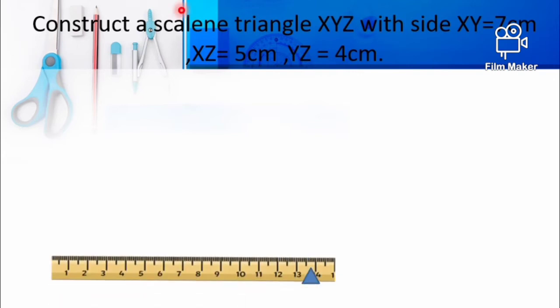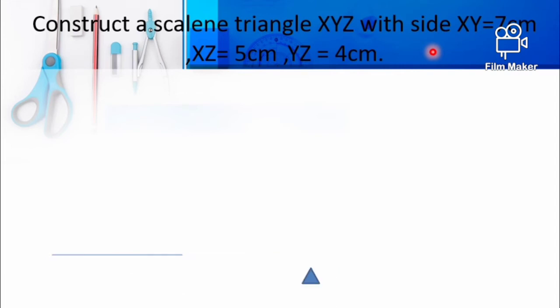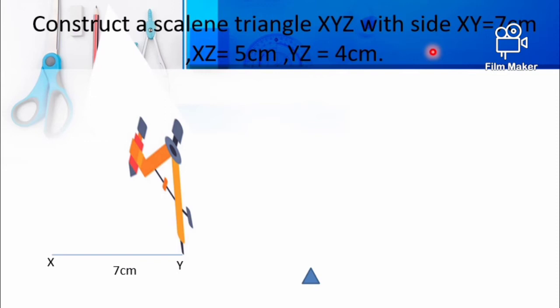First of all, we will draw a line segment XY of 7 centimeter. Then we will draw with the help of compass. The name of the line is XY, and with the help of compass, Y as a center, we will draw an arc of 4 centimeter.